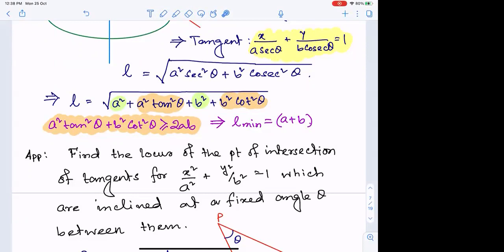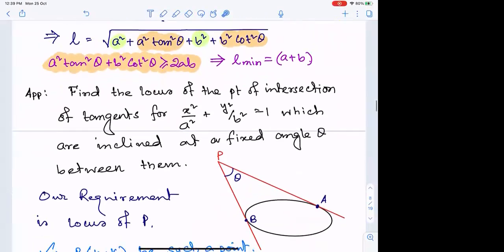We have already found that it is reducible to a quadratic in m, and hence if we satisfy it by the point of intersection of the two tangents, then the quadratic will have roots as the slopes of those two tangents which intersect at that very point, right? As per the diagram, we are considering P as one such instance where two tangents intersect at an angle theta. We need the locus of P.